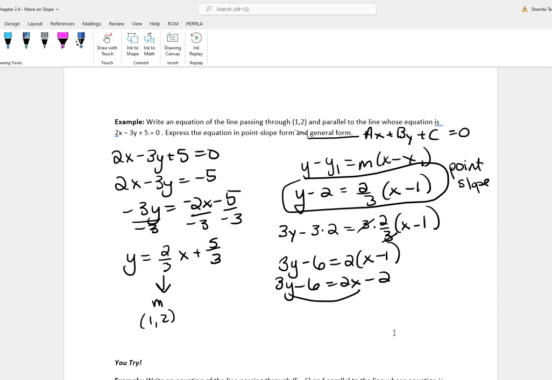What I'm going to do is I'm going to bring these over to this side. Okay? So I'll have, oops, I'm going to subtract off 3y, and I'm going to add 6.